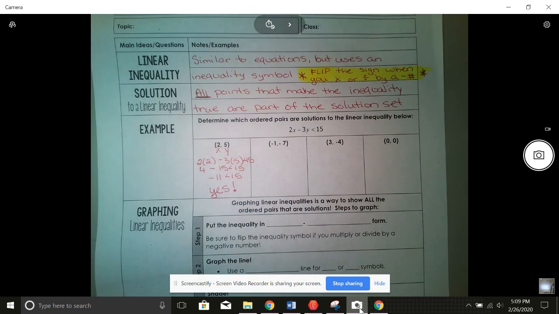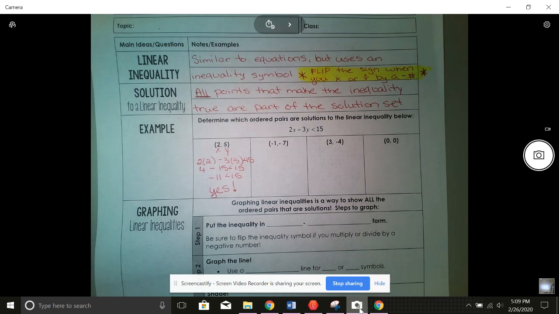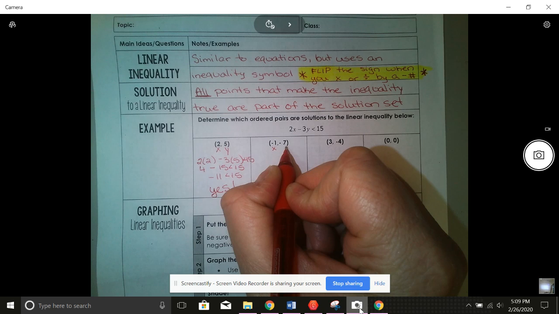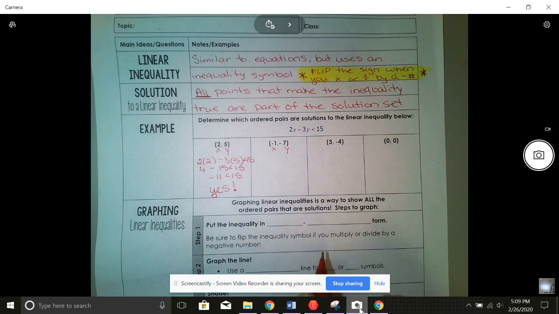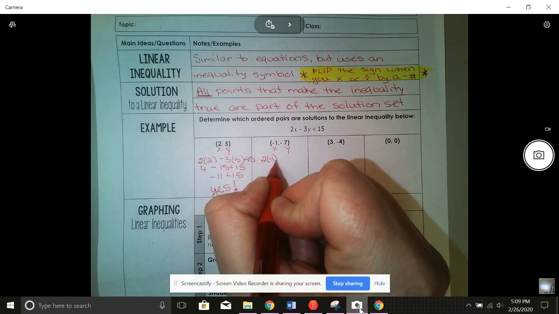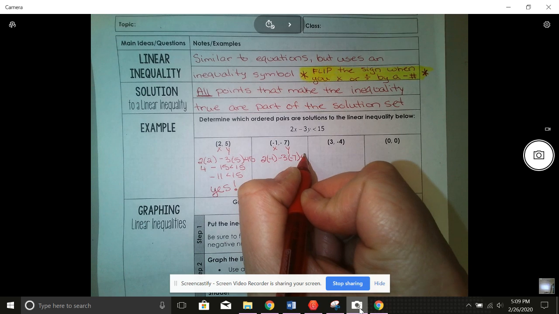But remember, there are infinite solutions. Any combination that's less than 15 is a solution. So let's check a second. Negative 1 is our x. Negative 7 is the y. Let's put these into the inequality. 2 times negative 1 minus 3 times negative 7. Is that less than 15?